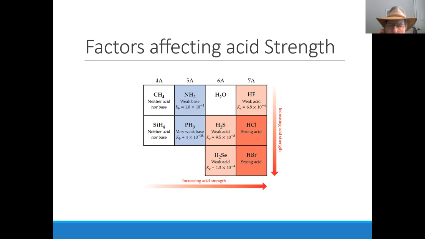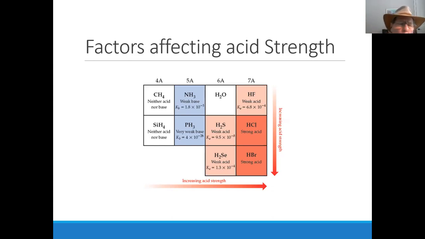Are we getting that? Can you rephrase that as like being the stronger the electronegativity, the stronger the acid is? Wrong. Stronger the electronegativity, the weaker the acid. Oh, okay. Because the stronger the electronegativity is, it wants to hold on to that proton.